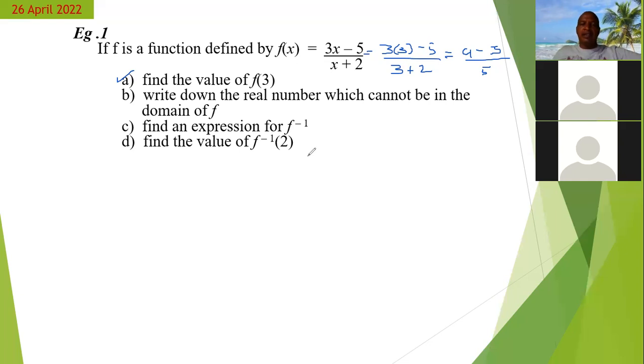I'm going to ask you to see if you can attempt the remaining questions, parts B, C, and D of this question. And tomorrow we will work it through together. All right, guys? So I'm going to stop here, and tomorrow we'll continue on this question.